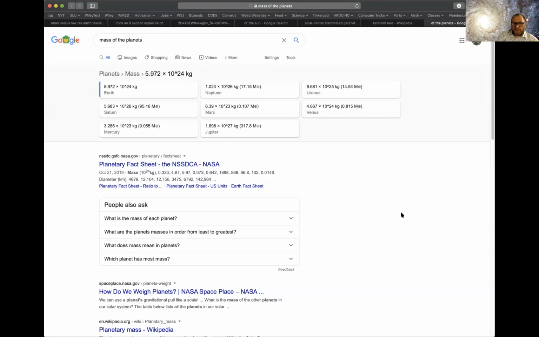Now, to understand how we do that, we need to understand the center of mass. And we did that. We found Jupiter, and I sent you an article. Well, it was actually a web page, and let's take a look.